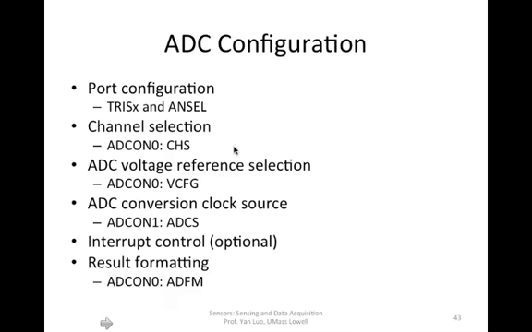You also need to set the proper mode, analog or digital, and you need to decide which channel, which one of these 8 pins. You need to select the voltage reference, and you need to decide which clock you want to use. And if you choose to use the interrupt-based method, you will need to do this interrupt control. And finally, you want to decide how you're going to format the data.